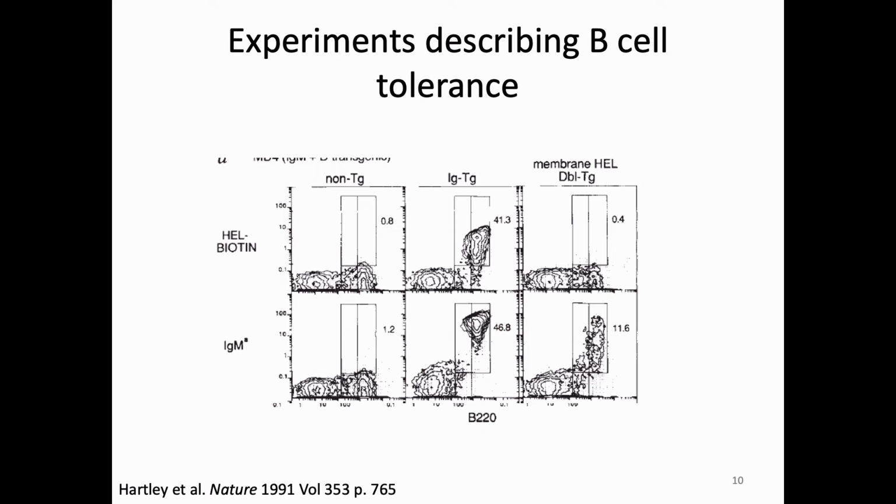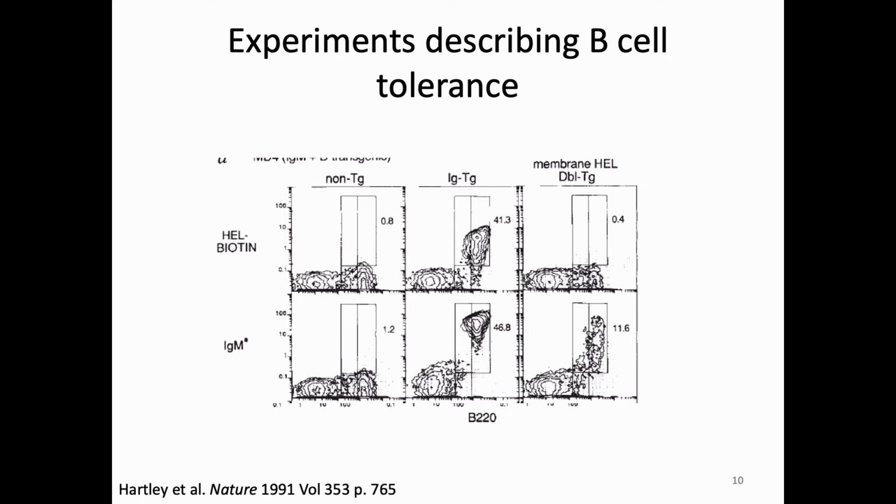We can start to understand a little bit more about what's going on if we look up at these data. So what do we see here? Yeah, Sydney. Yeah, so we've got non-B cells and we've got B cells, but none of our B cells bind HEL.